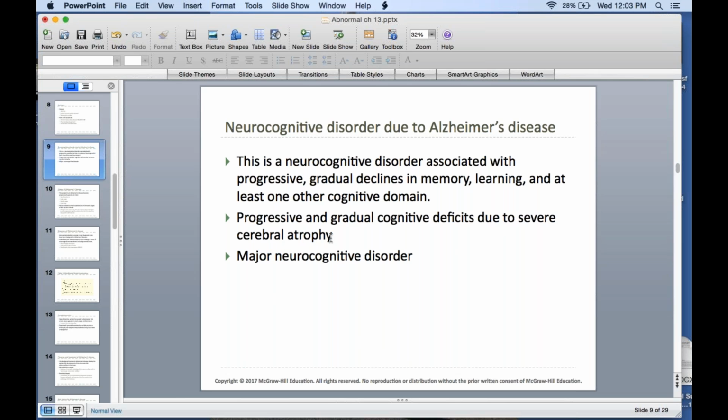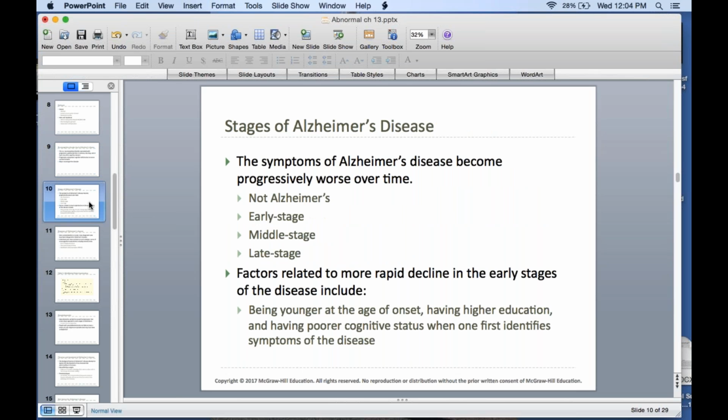We're going to talk in a minute about exactly what's going on in the brain, but we do call this one a major neurocognitive disorder. We have stages of Alzheimer's disease: not Alzheimer's, early stage, middle stage, and late stage. There are different symptoms that go along with each stage. If you want to learn more about that, absolutely go to your book. You can go online.